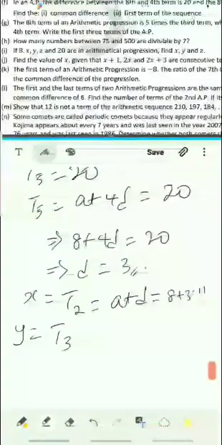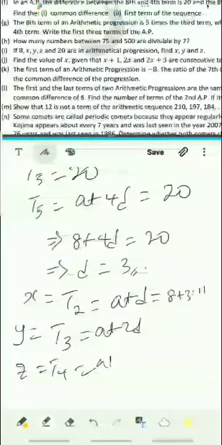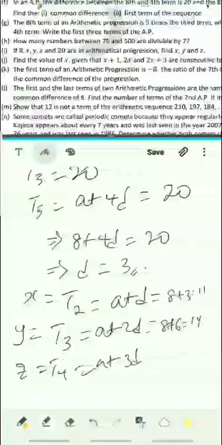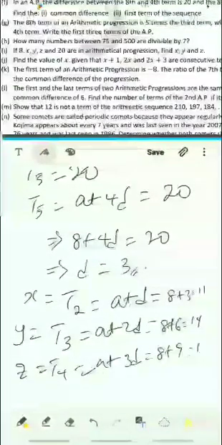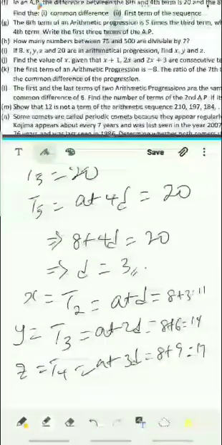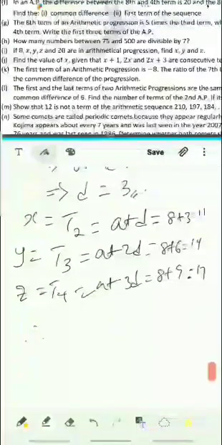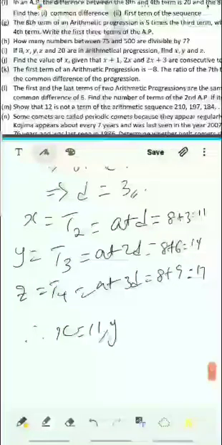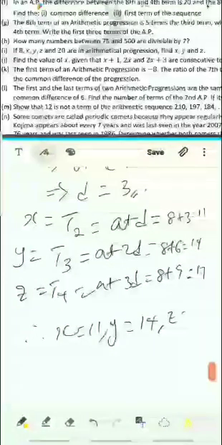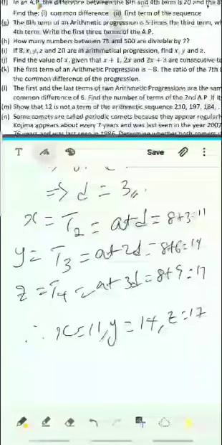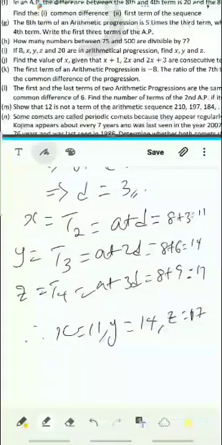Y, T3, z, T4: A plus 2D, A plus 3D. So A plus 2D now, that's what? 8 plus 6, giving you 14. This, 8 plus 9, giving you 17. So x is 11, y is 14, and z is 17. Okay, so that's that about that.